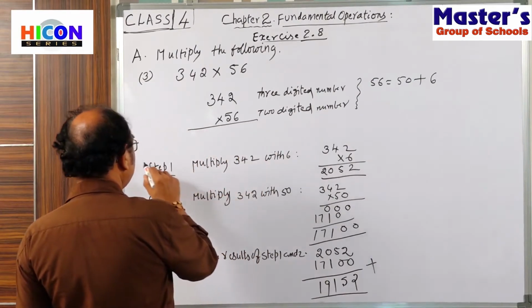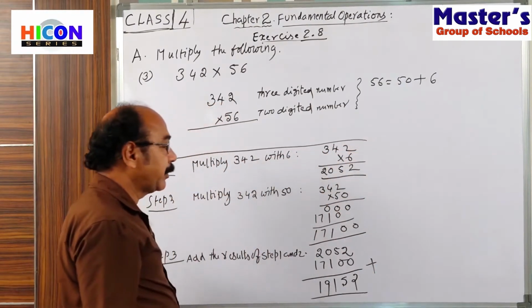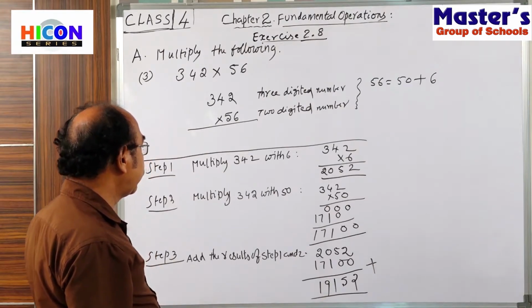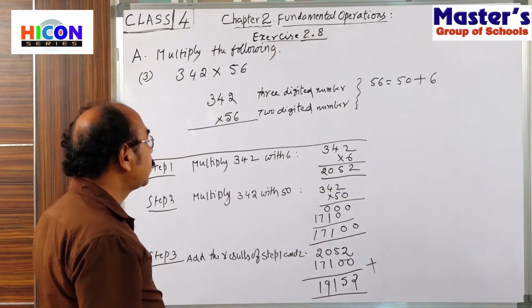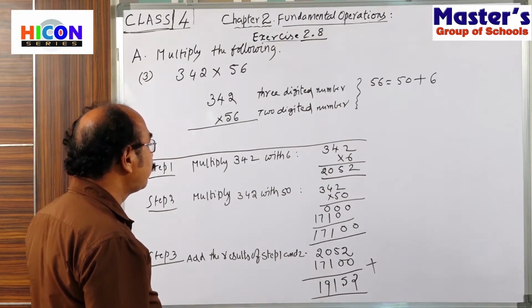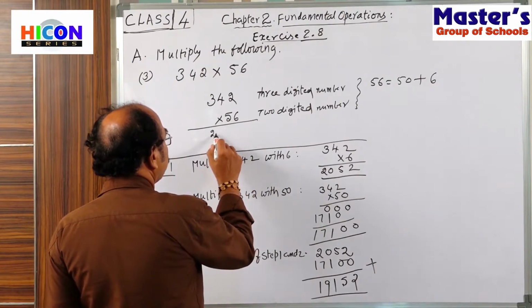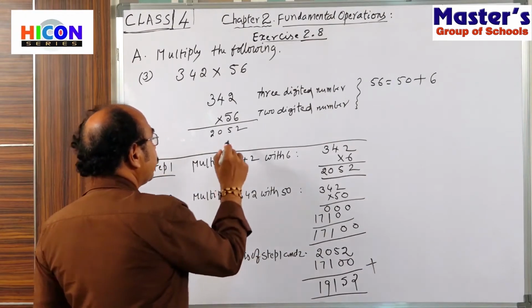Here I will show you the actual multiplication. 342 is multiplied by how much here? With the 6 first, 2052 you got. After that, you multiplied with 5.